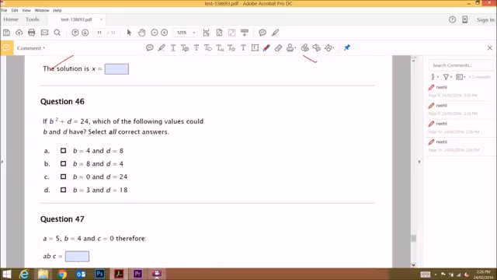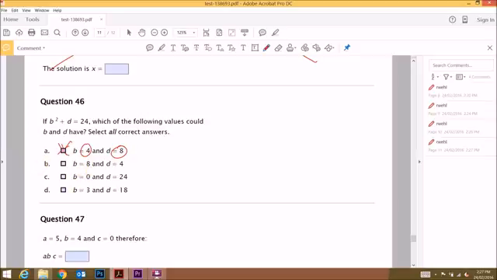46, if b squared plus d equals 24, which of the following values could b and d have? Select all the correct answers. So 4 times 4 equals 16, plus 8 equals 24. A could be my answer. Okay, it is correct, so you should select that one.